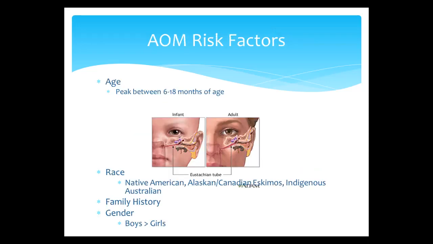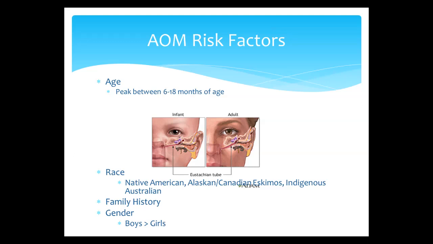If you look at the difference between kids and adults, you're going to see that the eustachian tube in a child is much more horizontal than in an adult, and that leaves the child at risk. So anytime there's a runny nose, you may have fluid actually come back.